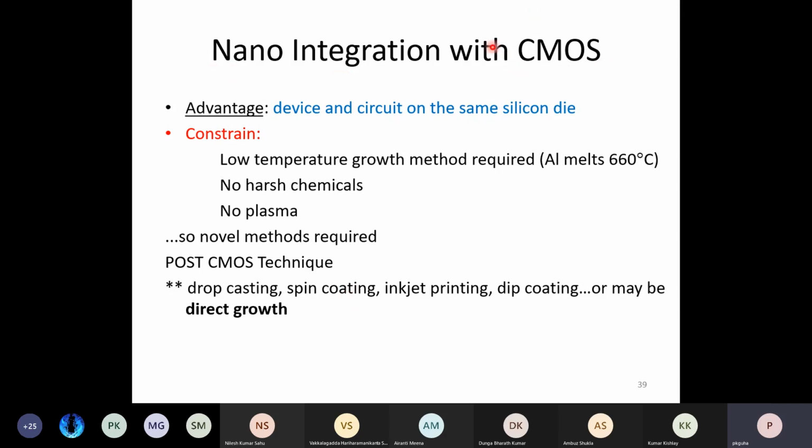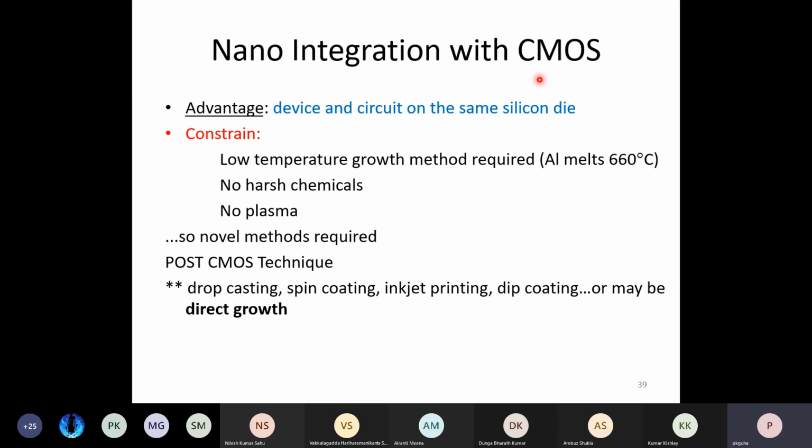Okay, so we have mature CMOS technology. We can have reasonable accuracy and expertise in developing FET based devices and integrated circuits, application specific integrated circuits.